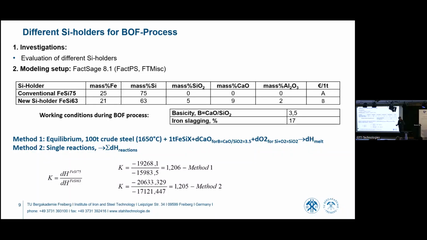Typically on BOF we use in Europe, in Germany, silicon with 75%, but sometimes we have a secondary silicon carrier, recycled silicon carrier.